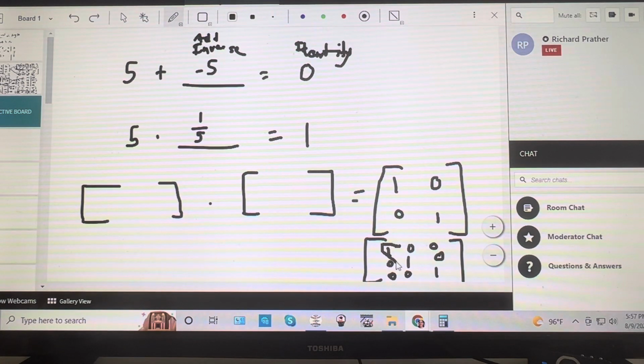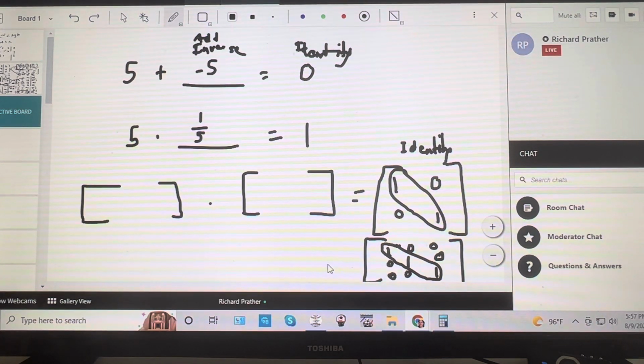It's a diagonal of all 1s, and everything else has to be a 0. This is the identity of matrices. So that's what it takes.